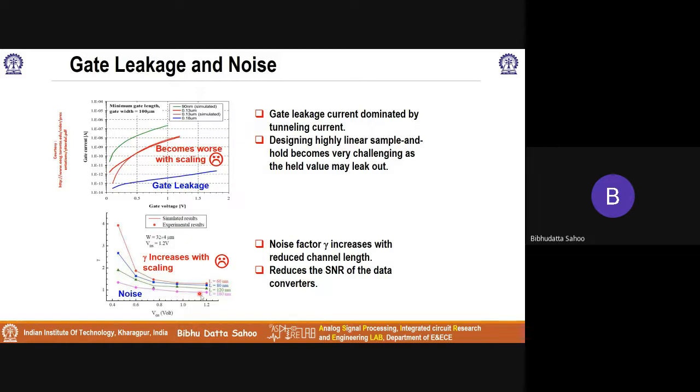As the technology scales down, we see that the gamma factor significantly increases. That means the noise contribution of the circuit also increases. Now, as gamma increases, the SNR of the system decreases. Not only for the data converter, but for any other block as well, the SNR significantly drops.